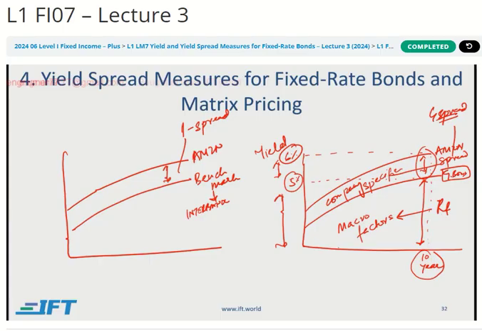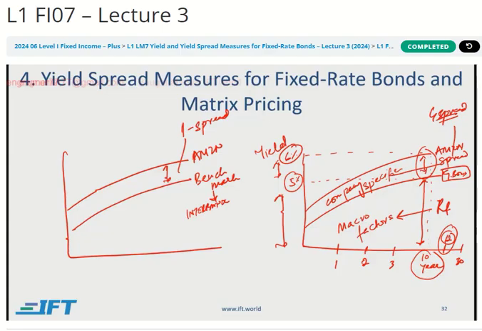Now, why would you want to do it based on the interbank rate instead of the government rate? The reason is the government doesn't have securities for each maturity, right? So what if, let's say, you're buying a 12-year Amazon bond and you need to calculate the spread on that, but there's no 12-year government bond? So how are you going to compare those two?